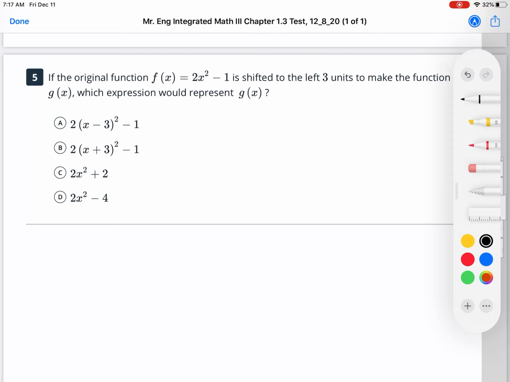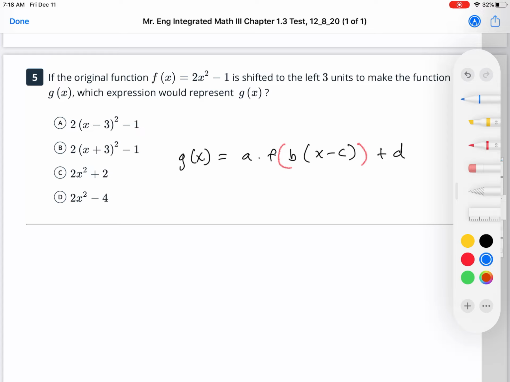Okay, so you have this function, and for transformations, I'm just going to write out a times f of b times (x minus c), in a different color here, plus d. And I'm going to write the original here.